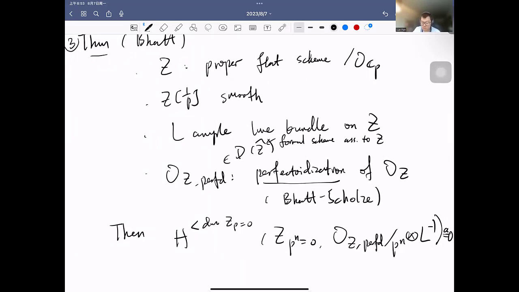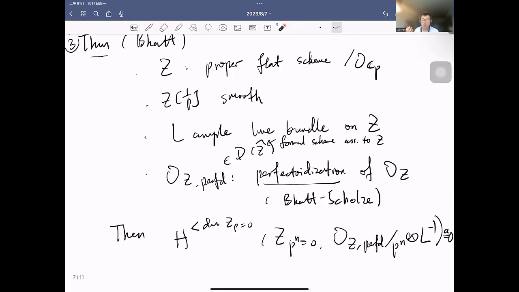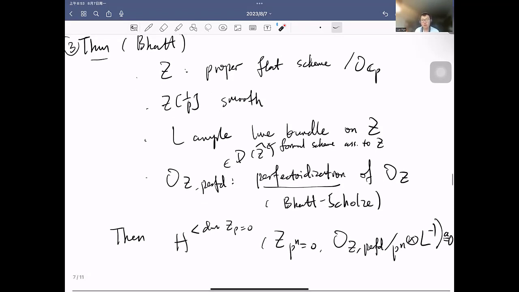Roughly speaking, this result says that in general we know Kodaira vanishing fails for mixed characteristic, but this result of Bhatt says that if you allow yourself in the almost world, and if you're using the correct structure sheaf, not the original structure sheaf but this perfectoidized one, then you still have this Kodaira vanishing.